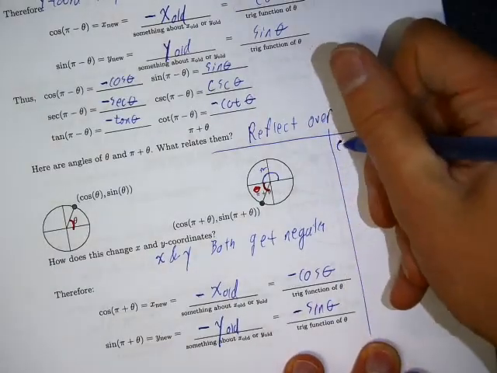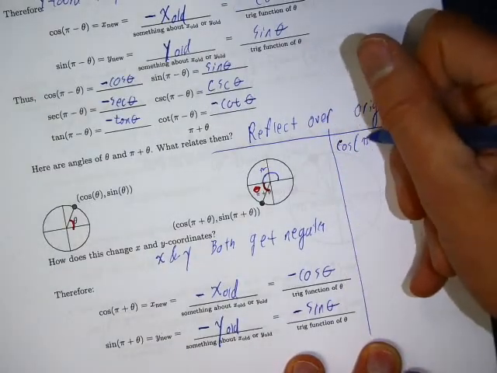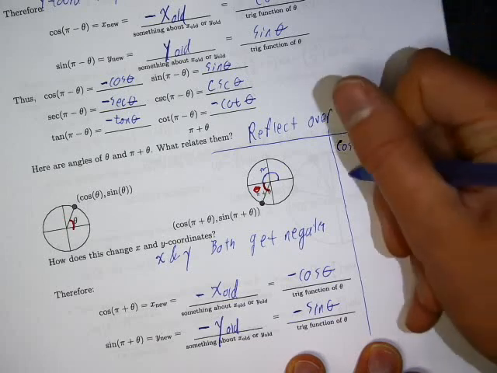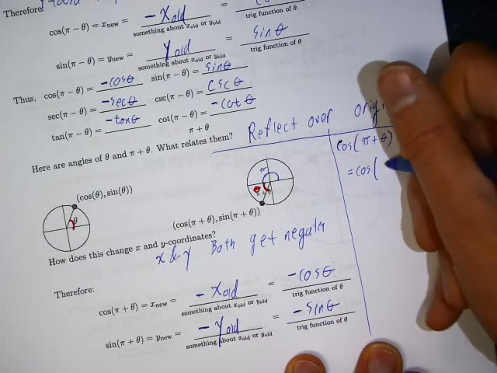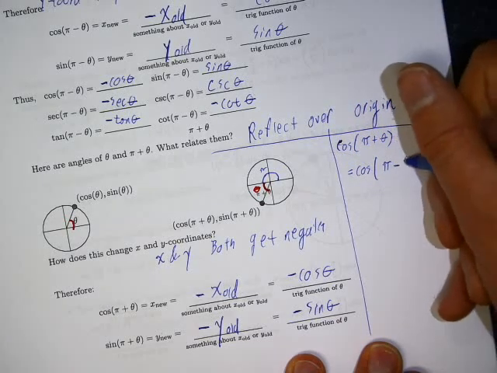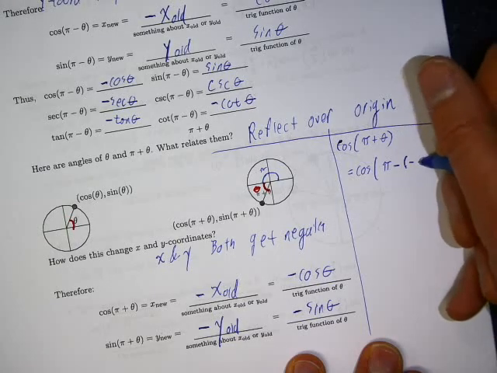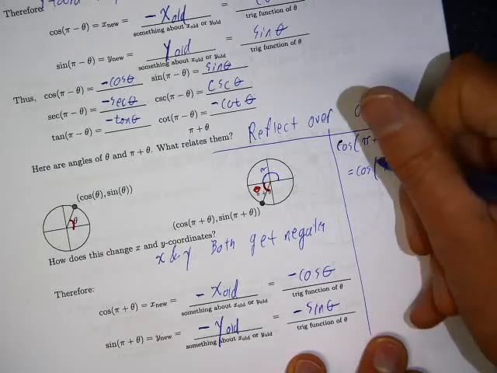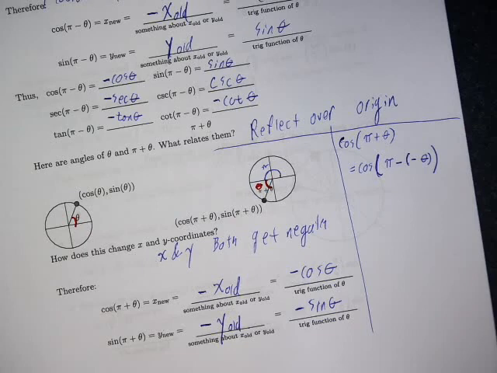I will say, well, if I want to compute the cosine of pi plus theta, well, that'll be the same thing as the cosine of pi minus, parentheses, minus theta. Do you guys agree that that's true? Instead of adding theta, I can subtract a negative theta?